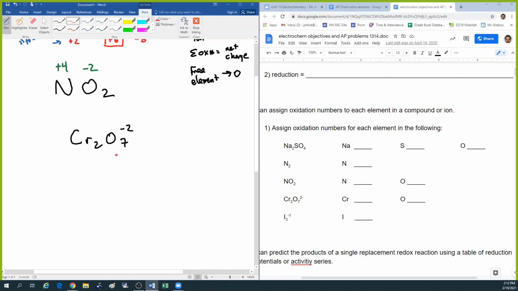I think it's 12 for chrome, or no, 6 for chromium. Good. And -2 for oxygen. Right. And just to show the logic there, because of this subscript, that messes it up. So this is -14 total. To get to -2, we need +12. But that +12 is shared between 2 chromium atoms, which is how we get them to +6.